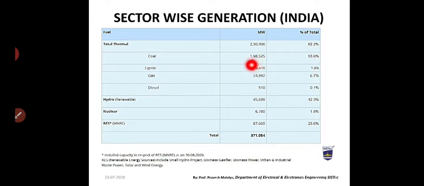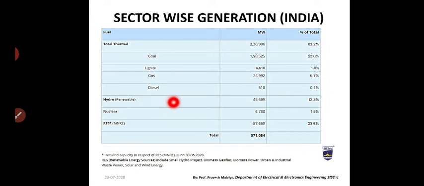In megawatt, it is 1,98,525. The share of thermal power is still quite high, but in the past few years we have seen it reduce continuously because of its environmental drawbacks, revenue drawbacks, and also health problems to the surroundings.